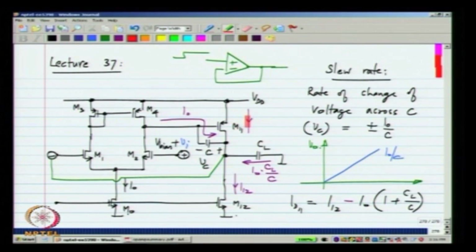Then the current in M1 will reduce. Now, the smallest that the current in M11 can be is 0. The current in M11 will reduce, and the smallest value of the current in M11 is 0. So, what does it mean?